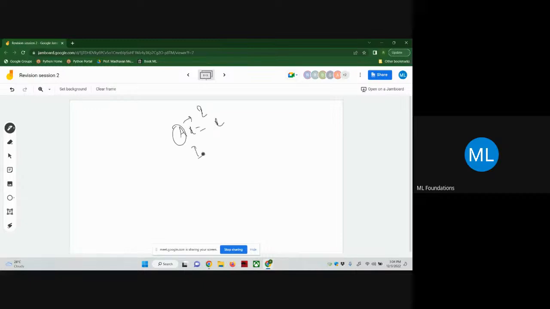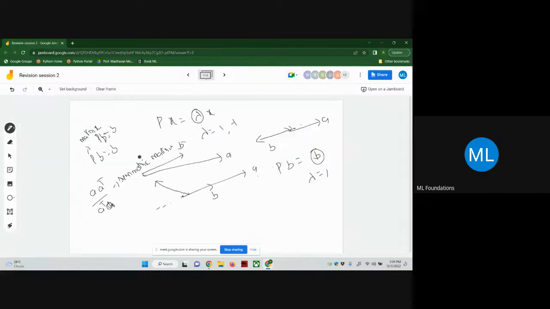Of course, for I, Ix will be equal to x, but every time we have Ax equals x, that does not mean A is the identity matrix. There can be matrices which are not identity, but still give you Ax equals x. We can have the eigenvalue as 1 for a particular vector. So in that case, obviously Ax will be equal to x without A being the identity matrix, right?